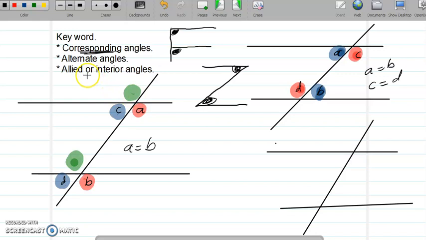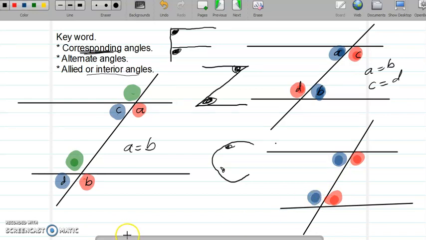Okay, now the last one, the interior angles. I always like using the letter C to cover all the interior angles. See that? So whenever you have parallel lines, the angle here and the angle here are both inside. So they are what we call the interior angles. In the same way, interior means inside, the angles inside here opposite are also interior angles.